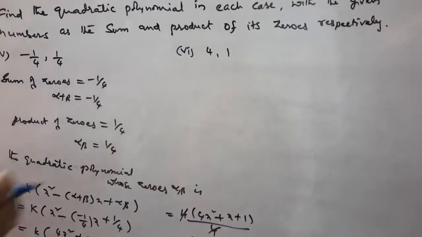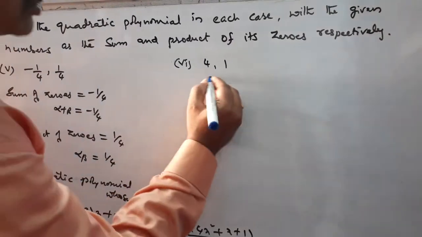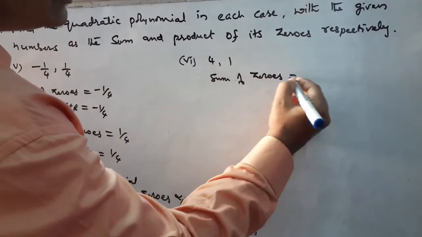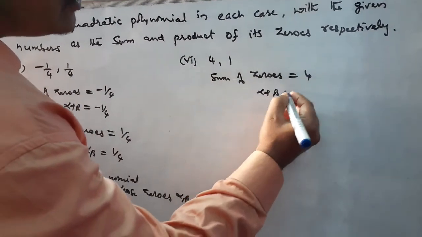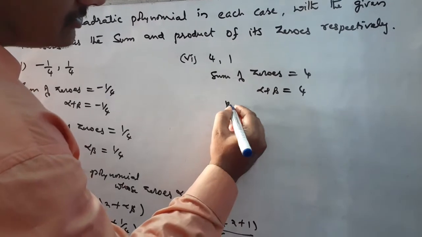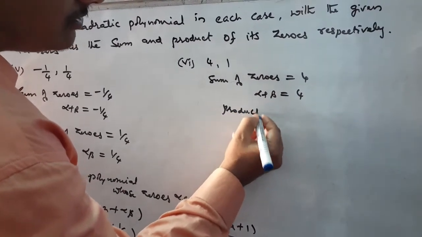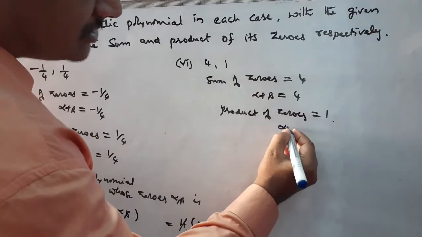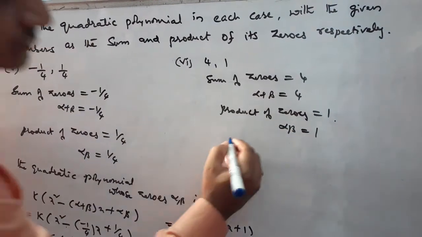So next, 4 comma 1. Here also the sum of the zeros equals 4, that means alpha plus beta equal to 4, and the product of zeros is equal to 1, that is alpha beta equal to 1.